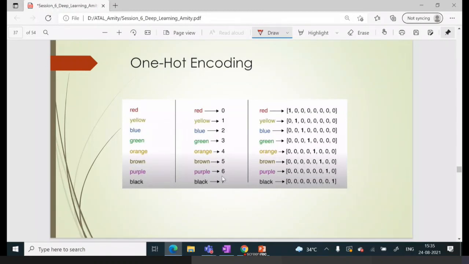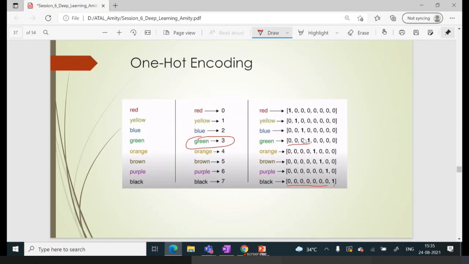Then how am I going to represent it? I will put 0 for all other colors, and I will put 1 corresponding to black. So this is the idea of one hot encoding. Similarly, if my color is green, then I will put 1 at index 3 and all other values will be 0.